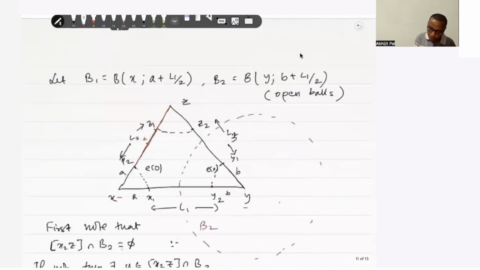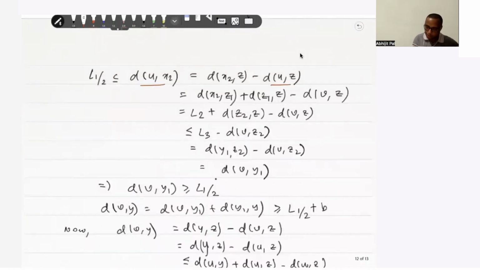Distance between UX2 is equal to distance X2Z minus distance UZ. Again, distance between X2Z is equal to distance between X2Z1 plus distance Z1Z. Now distance between UZ is equal to distance between VZ. So distance between X2Z1 is equal to L2.